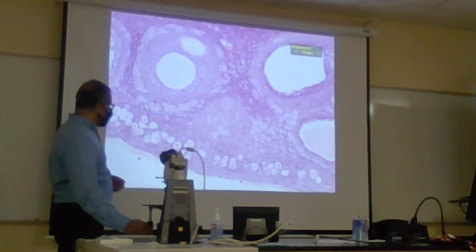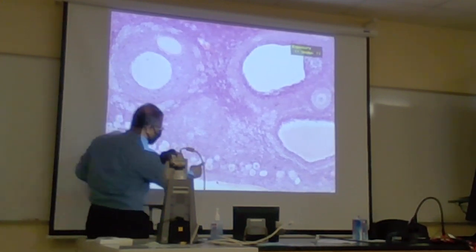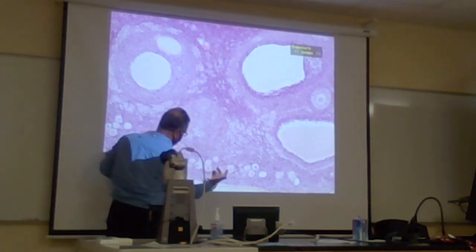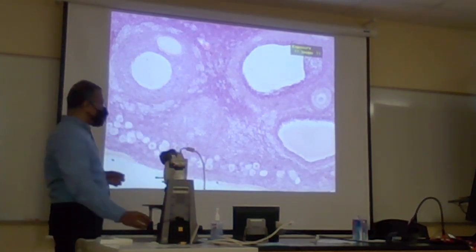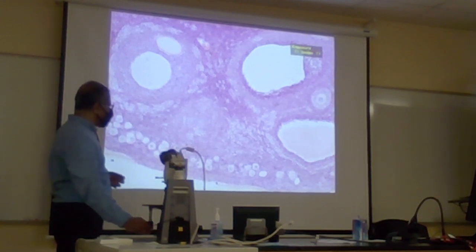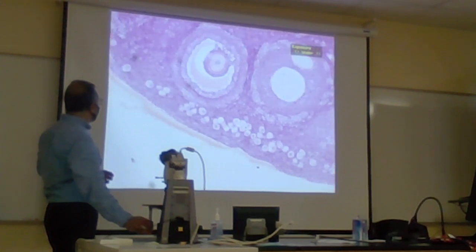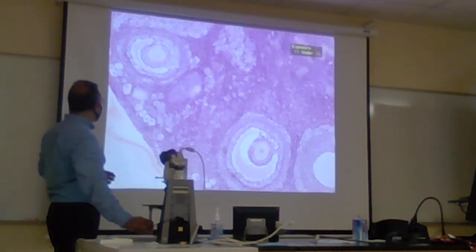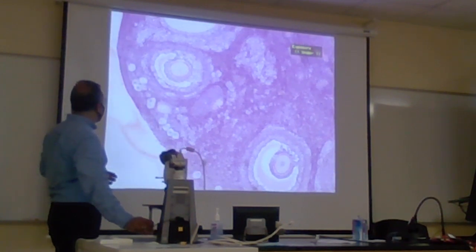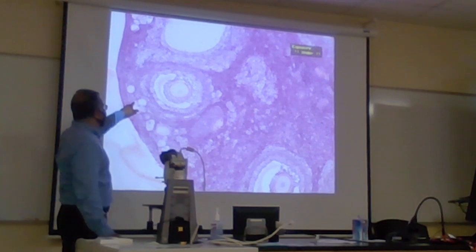If we now go over to this, you can see a couple here. It's not very clear, but you can see the epithelial cells are more continuous. They're cuboidal. These all look primordial. This one could be a primary follicle.